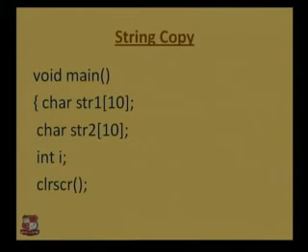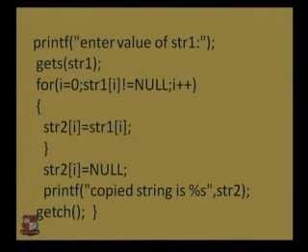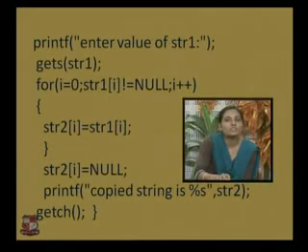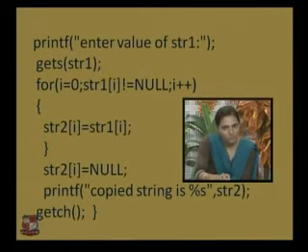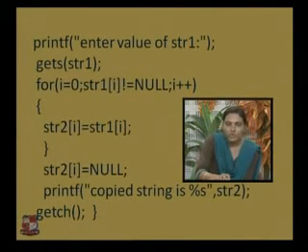Okay. In the same way, I have already told you that a string cannot be assigned like str2 equal to str1. For that we have to do the same using the character array, in this way: take the loop, and assign one by one character from string 1 to the other. Assign the 0th value of str1 to the 0th value of str2, then the first value of str1 to the first value of str2, and the same way the loop will continue.